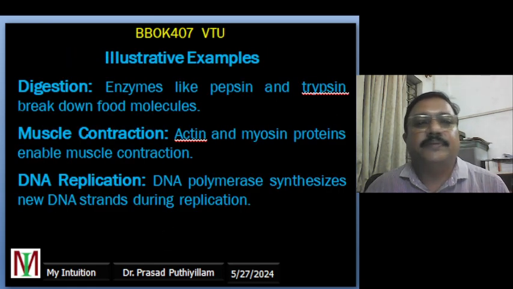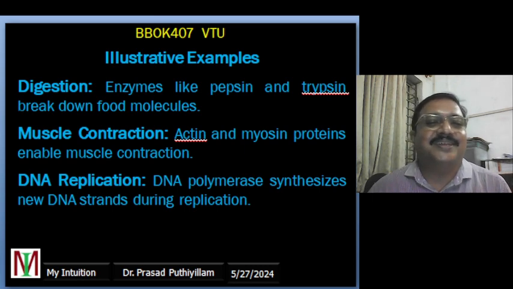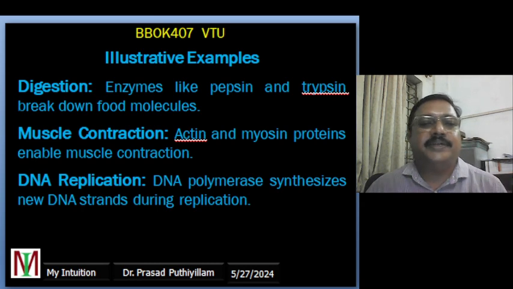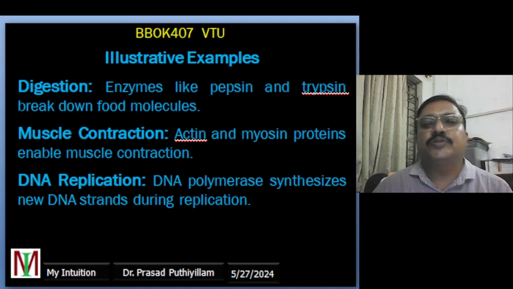Illustrative examples. Only examples are given, illustration is not there, explanation is there. Digestion: enzymes like pepsin and trypsin break down food molecules into smaller nutrients for absorption.